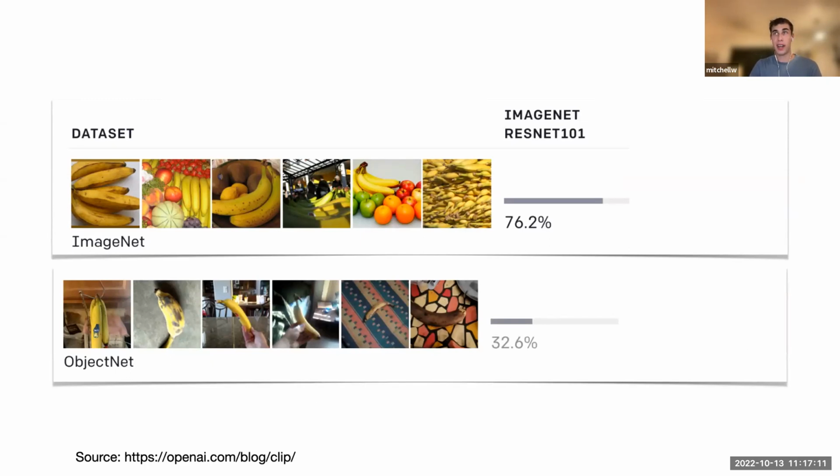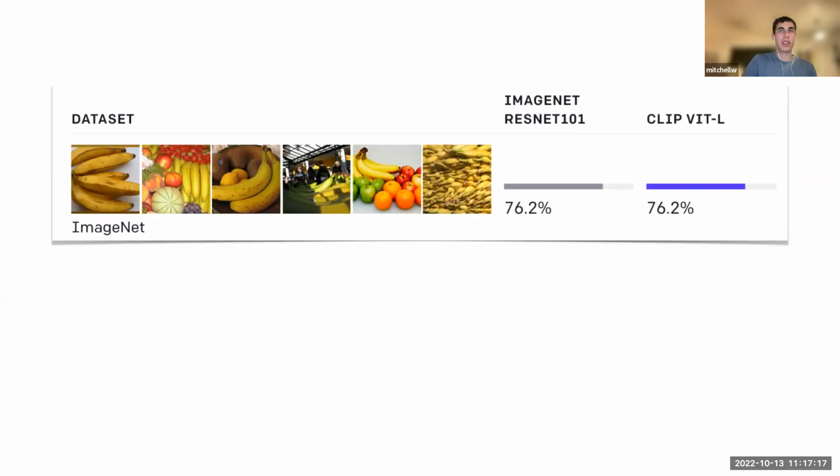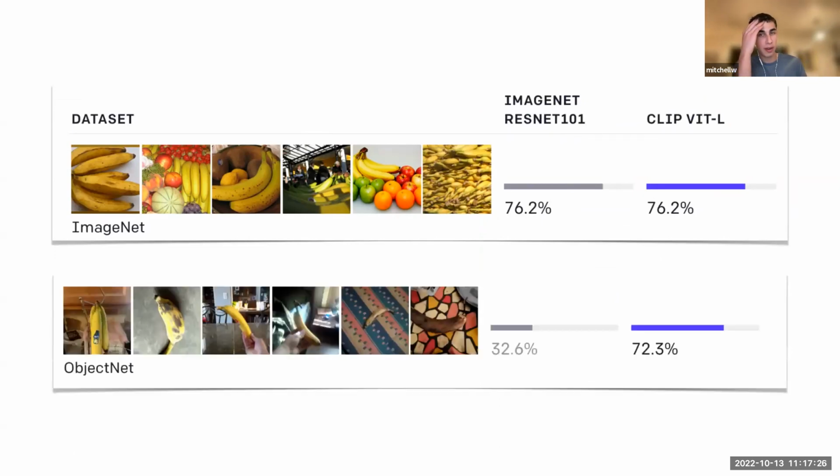Progress towards this natural distribution shift was made recently by the CLIP model from OpenAI. While CLIP matches the performance of an ImageNet trained ResNet on ImageNet, also getting 76, if we evaluate on ObjectNet, performance drops by only 4 versus 40 percentage points. This is a really nice improvement that OpenAI's CLIP model made on natural distribution shift.